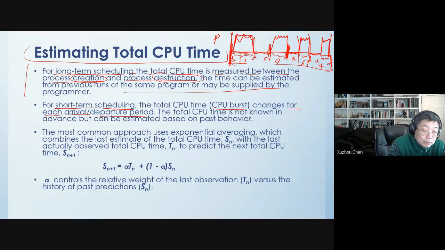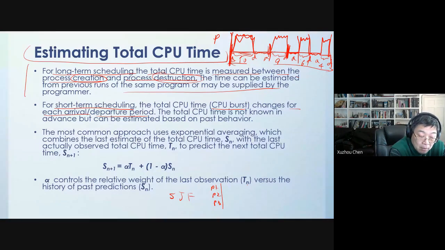Because if you have, for example, 3 processes, process 1, process 2, process 3, and now all 3 processes are in the ready queue, fighting for the CPU, and the scheduler I use is shortest job first, which one am I going to pick? Whether I pick P1, P2 or P3, I need to figure out which one has the shortest CPU burst.